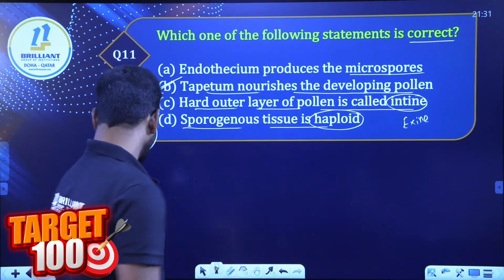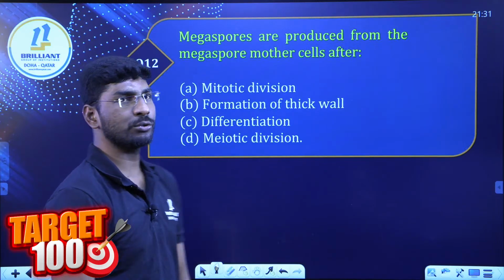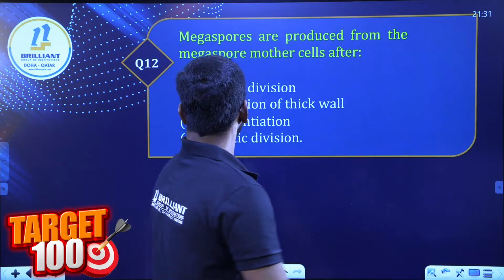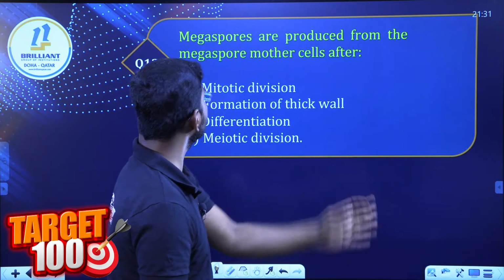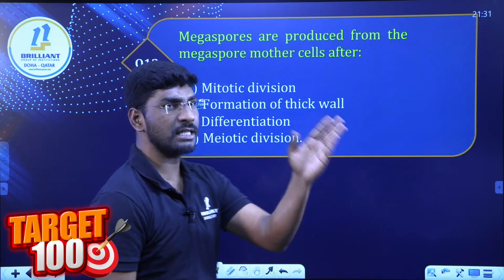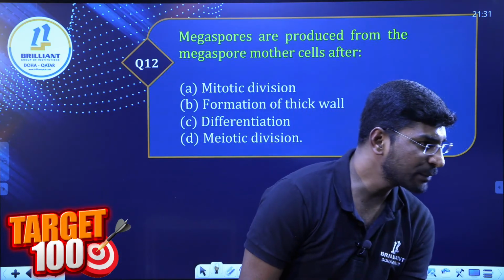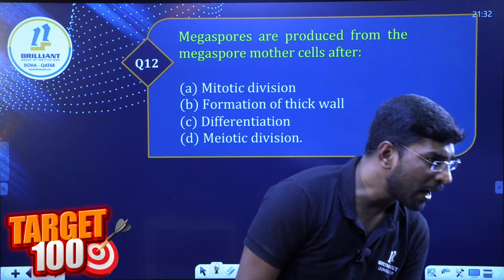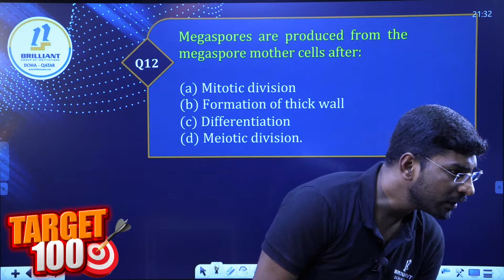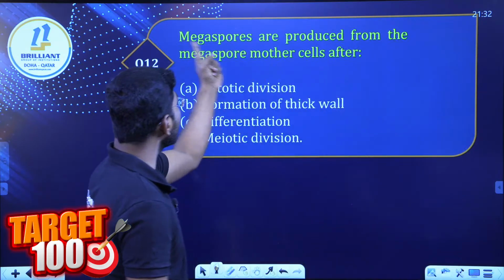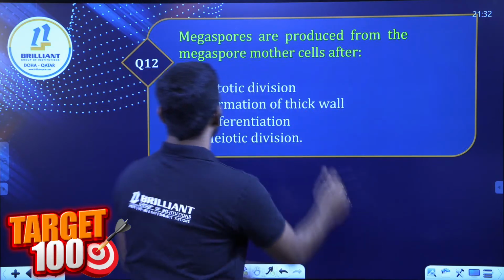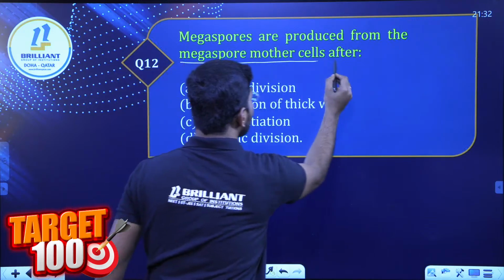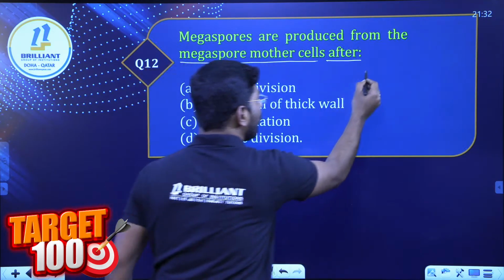Question number 12, to our online students. Megaspores are produced from the megaspore mother cell after one important division.